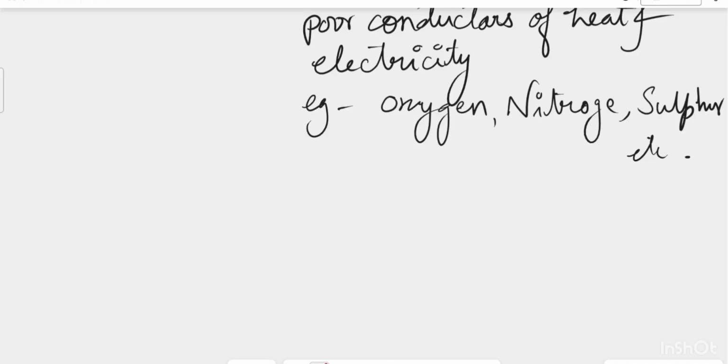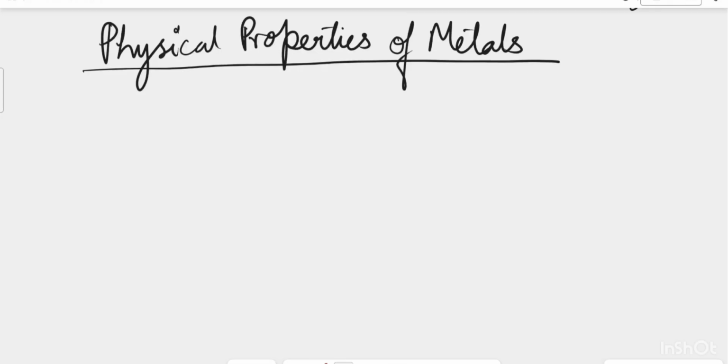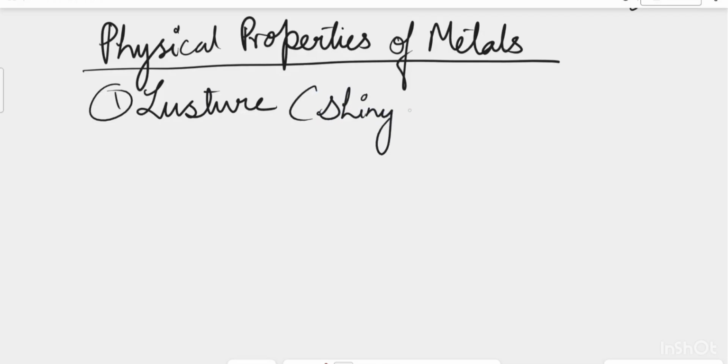Now we will see physical properties of metals. First is lustre. Lustre means shiny appearance.